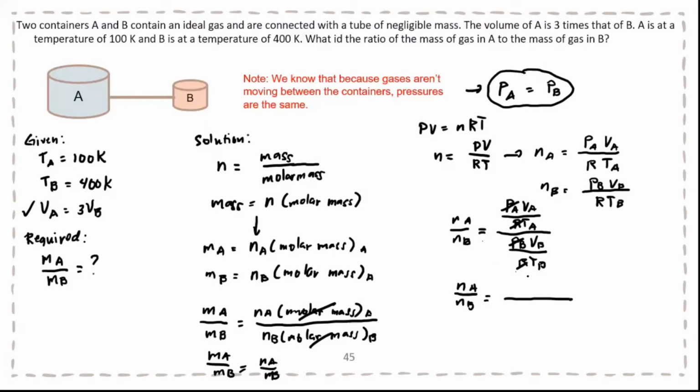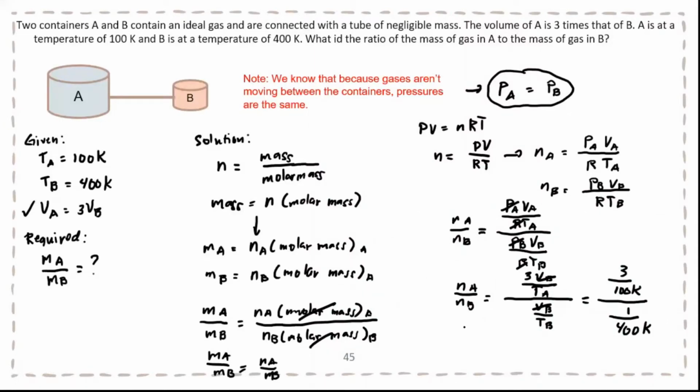So that is 3 VB over temperature A, over VB over temperature B. VB is also cancelled out. So we are now left with 3 over TA, given to us as 100 Kelvin, over 1 over 400 Kelvin.